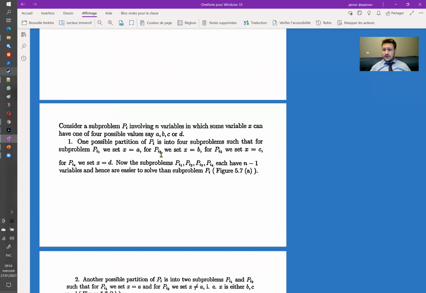And since we are trying to solve an optimization problem, we are trying to find the minimal value of some function. So we just check which solution has the minimal value of this function, and then choose.